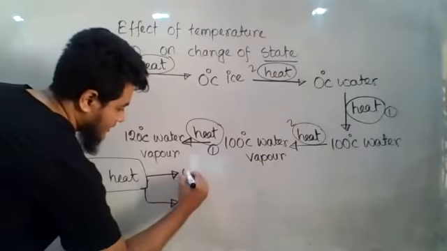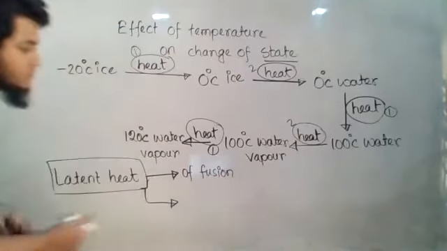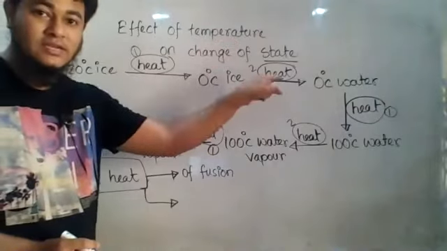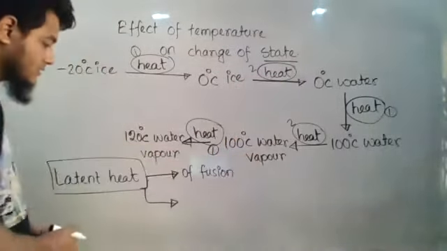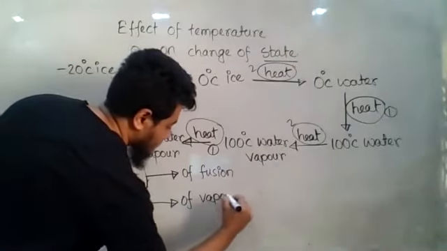One is latent heat of fusion. Fusion means actually melting. So here this heat is specifically named as latent heat of fusion. And the heat here is mentioned as latent heat of vaporization.